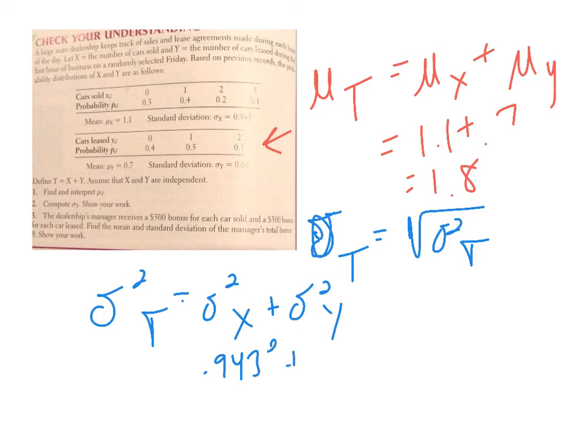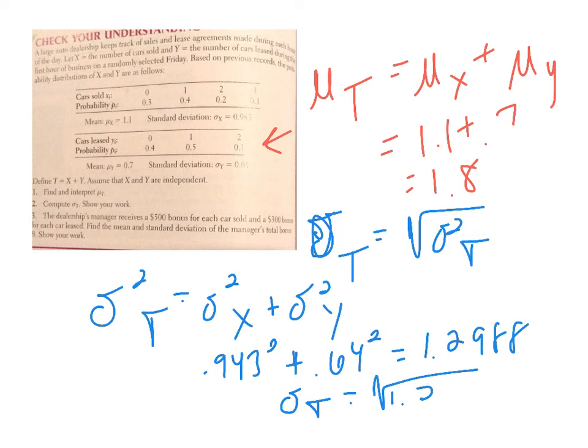I know the standard deviation of Y, which is 0.64, and I need to square that for the variance. When I square those and add them, I'm going to get 1.2988. That's my variance. I still need to find the standard deviation, which means I need the square root of 1.2988, which is going to give me 1.14.